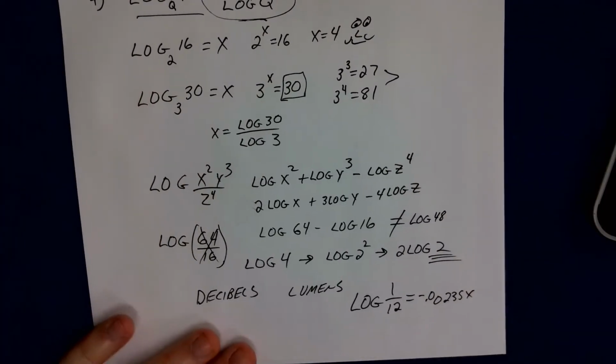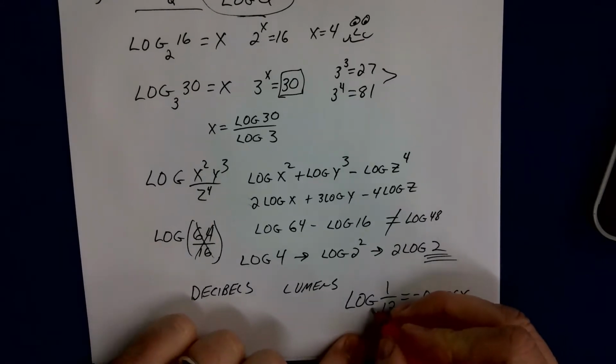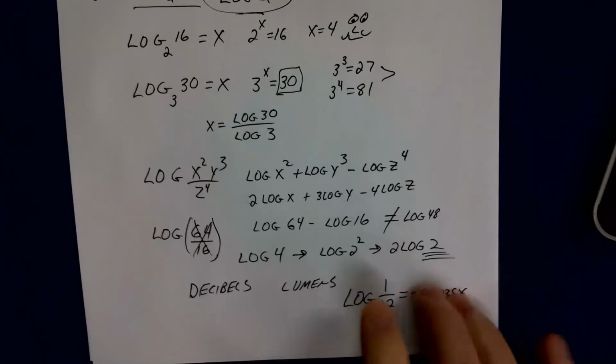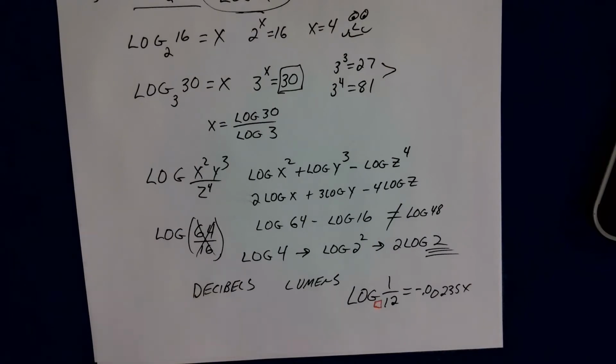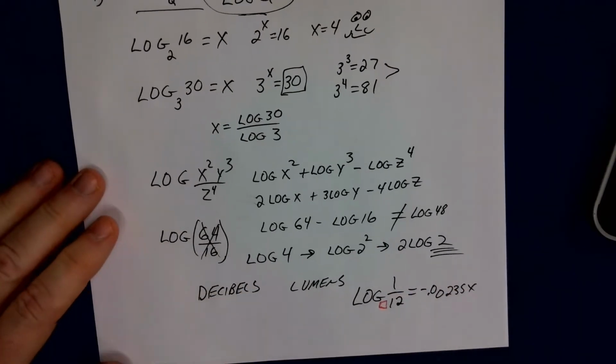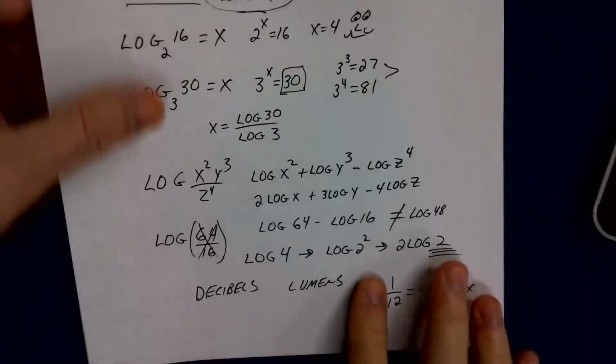It's like that. So don't lose track of the fact that this implied little number down here is a 10. So if I wanted to rewrite this as an exponential equation, it'd be 10 to that power equals 1/12. Like that, you can go from there. Okay? So that's the first part of it.